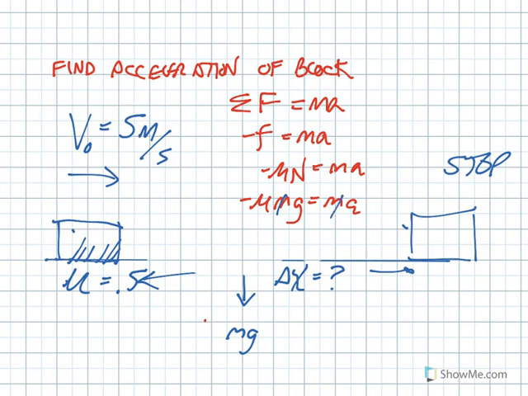So the acceleration of this block is minus 0.5 times g, which is 10 meters per second squared. So that thing has an acceleration of minus 5 meters per second squared.